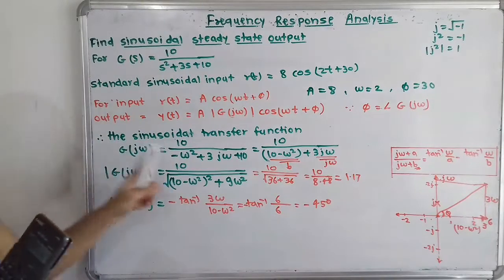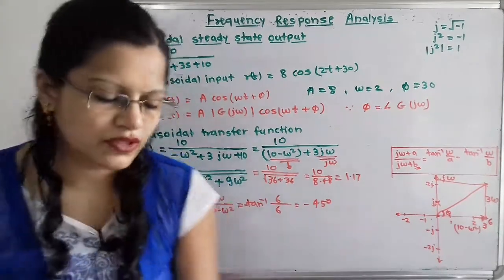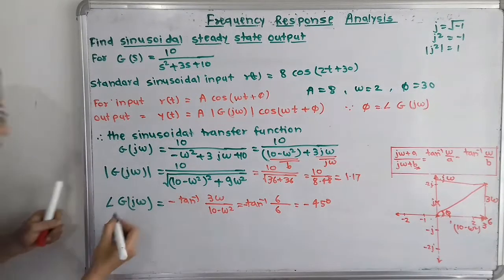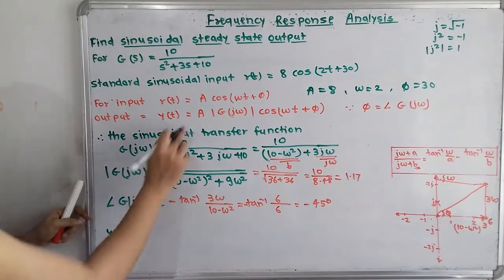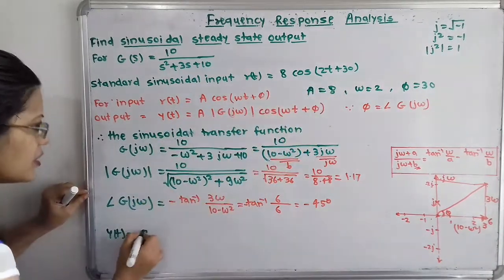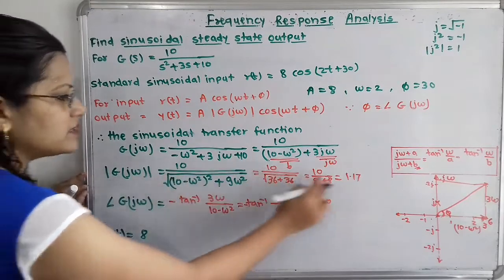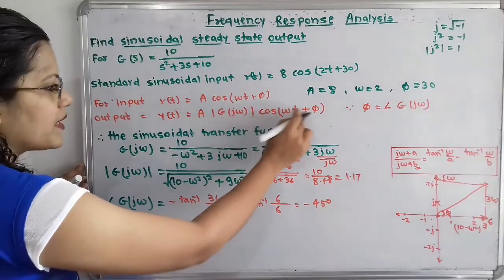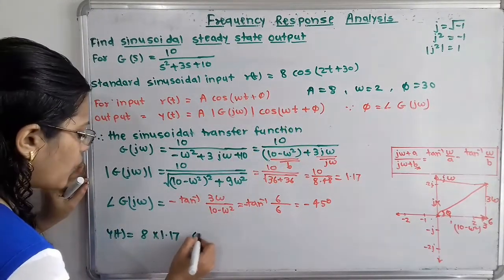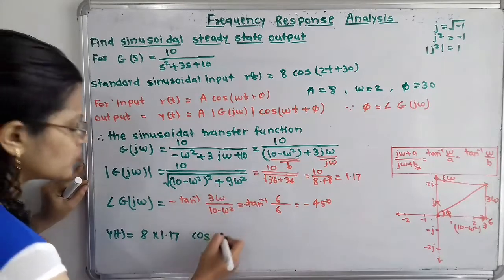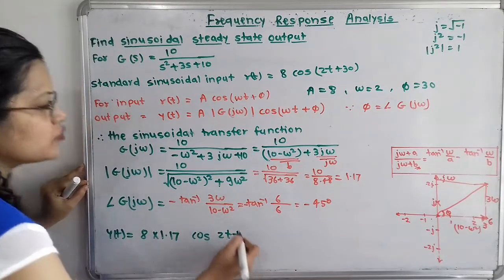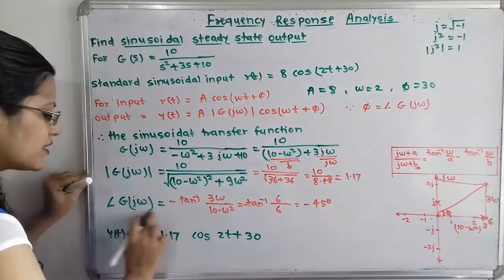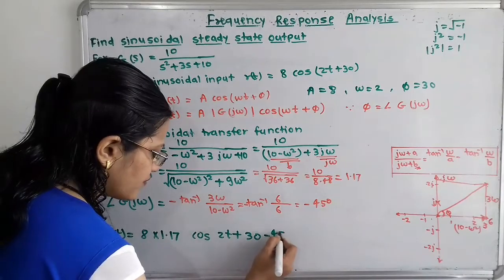So we will put the values now. y of t is equal to A, and the value of A is 8, multiplied by the modulus of G j omega, that is 1.17, into cos of omega t plus phi. So omega is 2, so cos of 2t plus phi, which is 30 degrees, and the angle of G j omega is minus 45 degrees.